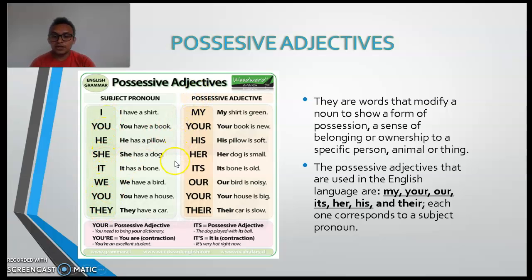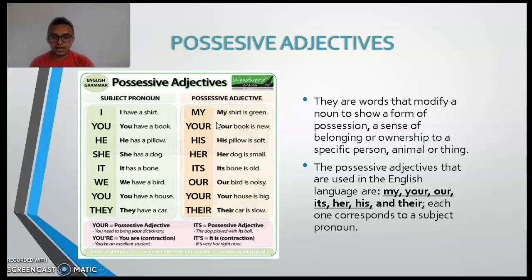Now we have here the specific possessive adjective that we are going to use according to the subject pronoun. For example, if something belongs to me, I am going to use my. For example, my shirt is green.